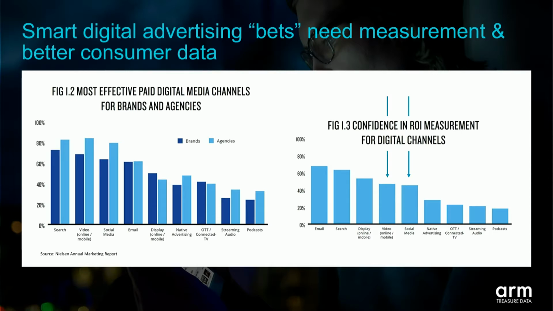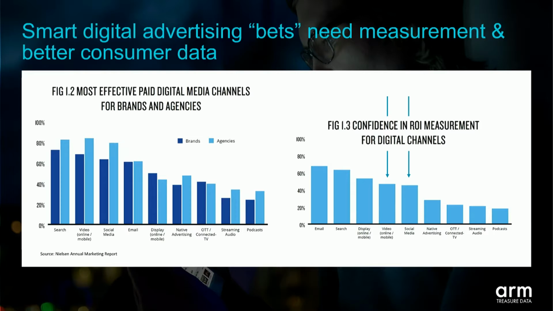And you'll see there that they did break out between agencies and brands specifically, but you'll see the first 3 line up pretty well in terms of what they really feel is effective for their companies. Search, of course, is a big one, video, social channels. And then they asked them the next question about how confident they were in their ability to actually measure the return on those investments.